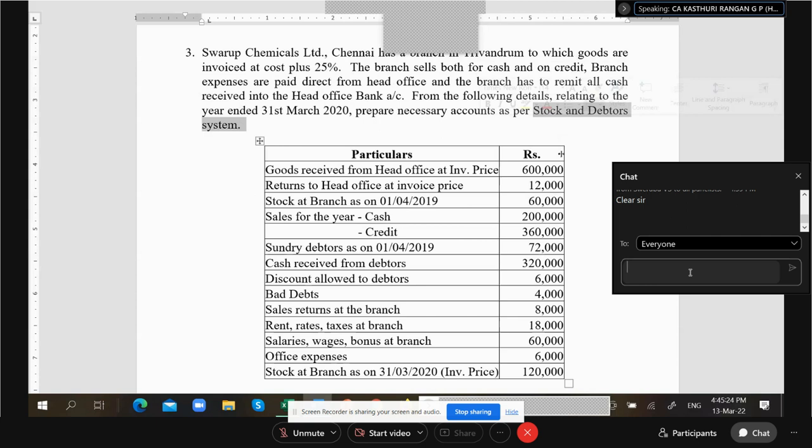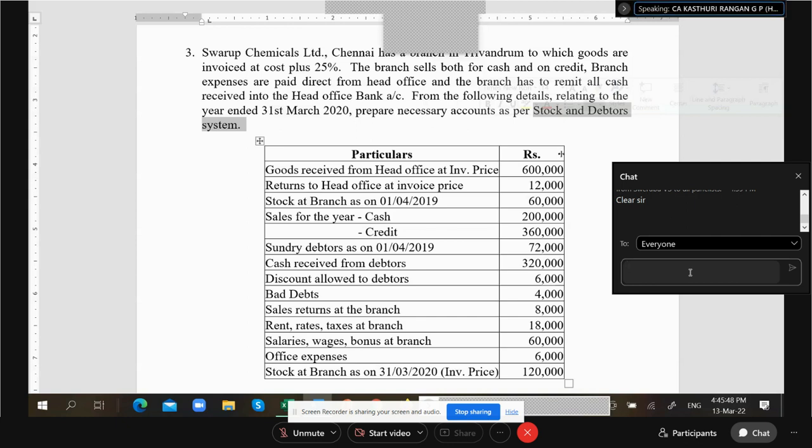All the transactions are given: goods sent to branch, returns to HO, opening stock, cash sale, credit sale, opening debtor, cash from debtor, discount to debtor, bad debt, sales returns, rent, rates, taxes, salary, wages, office expense, closing stock. All are given in the question. You have to simply open the necessary ledger accounts and record it.